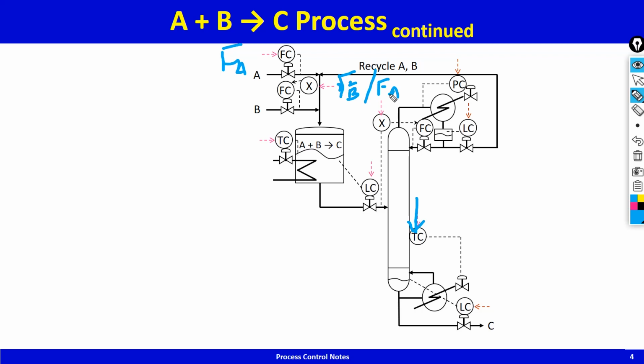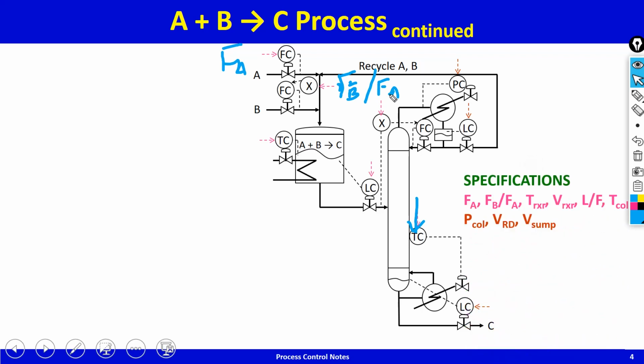Earlier I was just specifying Q, but now Q is being manipulated to hold a stripping clear temperature, and I'm holding B in ratio with A because I know 1 mole of A reacts with 1 mole of B to give 1 mole of C. So in this case, my specifications are FA, FB by FA, the ratio set point, temperature of the reactor, volume of the reactor, reflux to feed ratio, temperature of the column, and then of course P column, column pressure, and then volume of the reflux, hold up of the reflux drum, hold up of the sump.